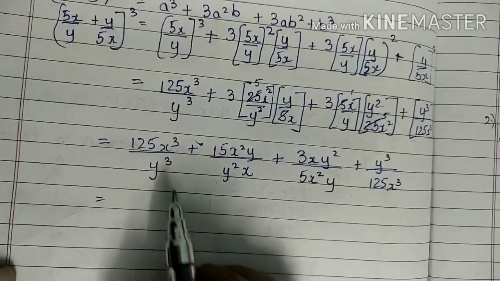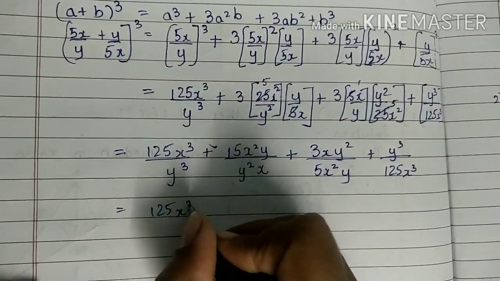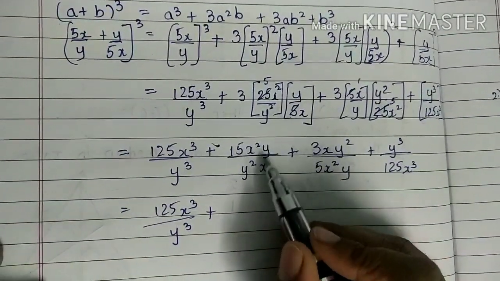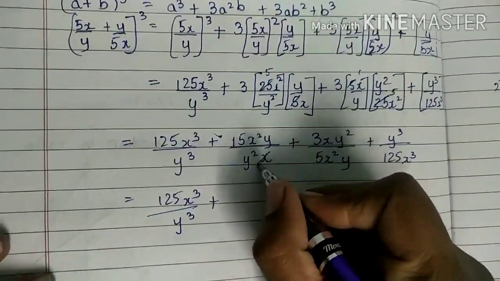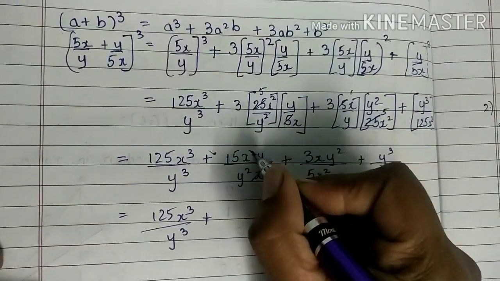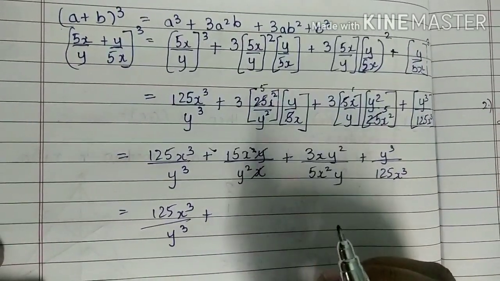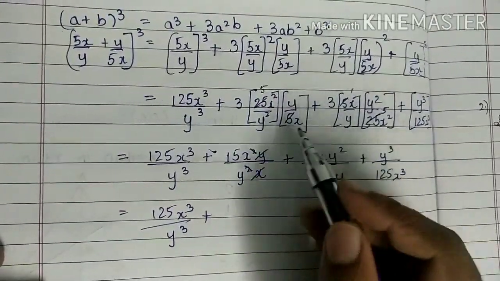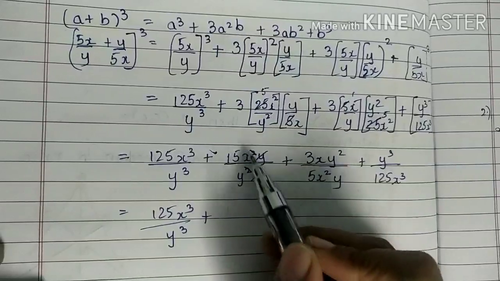Now children, if you see, here there is nothing common, so that will remain the same, but in the next term if you see, there is something common in these numbers which can get cancelled. So I will cancel 1x from here and 1x from here, so just 1x will be left. I will cancel 1y from here and 1y from here, up and down. Okay, 1 and 1, how you cut like this in the table form, 5 ones are, 5 fives are, same way like this.